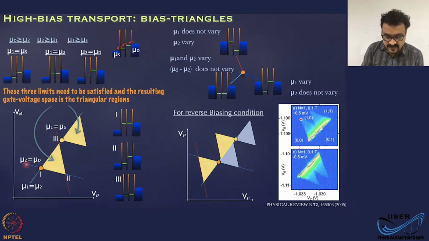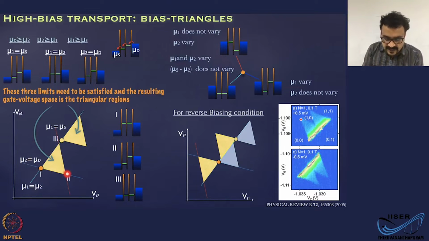So this blue line, that is mu2 equal to mu d, the area above this. The area below mu2 equal to mu d corresponds to the second dot level above the drain side, because this is a more negative side for mu2, for VG2. That means this level goes above the drain, then no transport is going to happen because that level is not available.